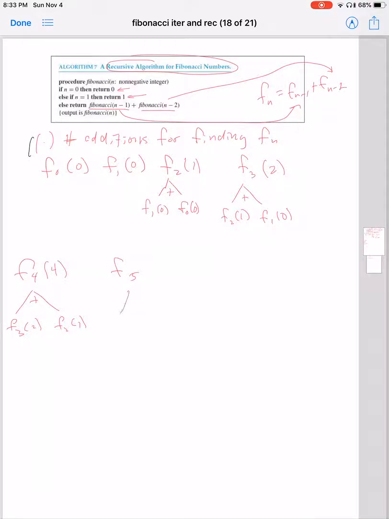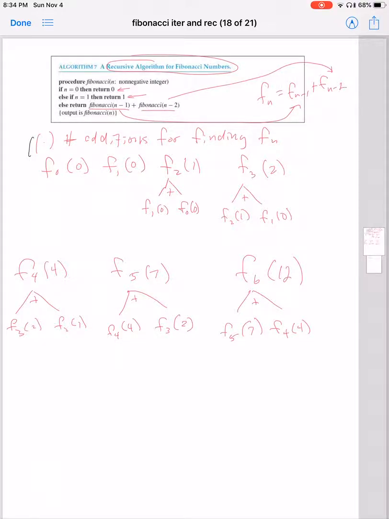Fibonacci 5 calls Fibonacci 4 with its 4 additions, and Fibonacci 3 with its 2 additions. We add those together, so we get 7 additions for Fibonacci 5. Now let's do one more. Fibonacci 6 calls Fibonacci 5 with its 7 additions, and Fibonacci 4 with its 4 additions. We add those together, and so we get 12 additions to get Fibonacci 6.